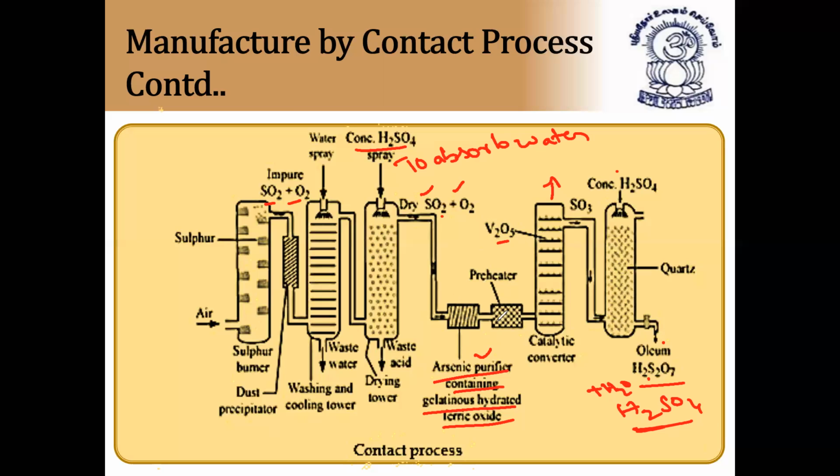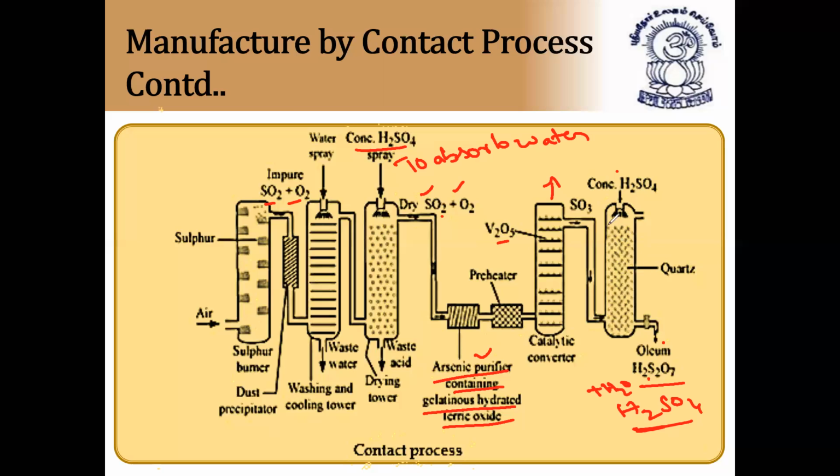And after passing through heating, that is the preheater, we introduce the sulfur dioxide gas along with oxygen into the catalytic chamber, where we have vanadium pentoxide as catalyst. Then it gets converted into sulfur trioxide. This sulfur trioxide is slowly allowed to go up, and concentrated sulfuric acid is sprayed from the top.